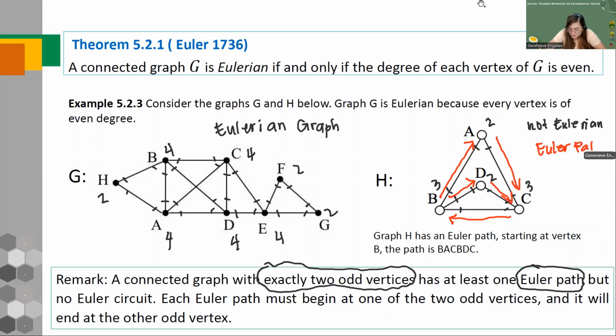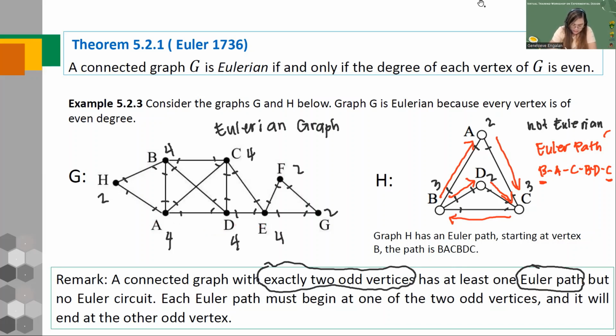Euler path lang siya. Kaya ang atong gi-form kay B, A, C, B, D, tapos C. No? So, nag-start siya sa isa ka odd nga vertex, nag-end siya sa the other odd nga vertex. So, take note. Dili ni siya Euler nga circuit, kaya dili Eulerian graph ni. Or, kung kadumdum mo anang dula class, without lifting your pen, draw this.